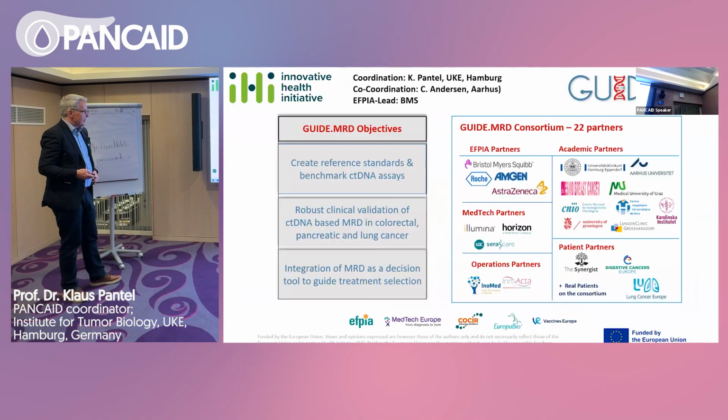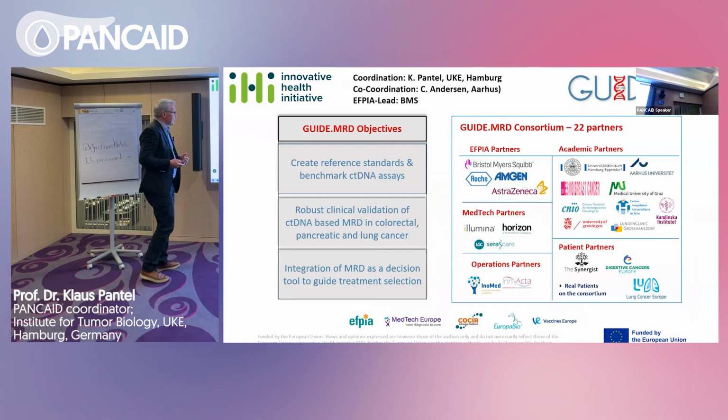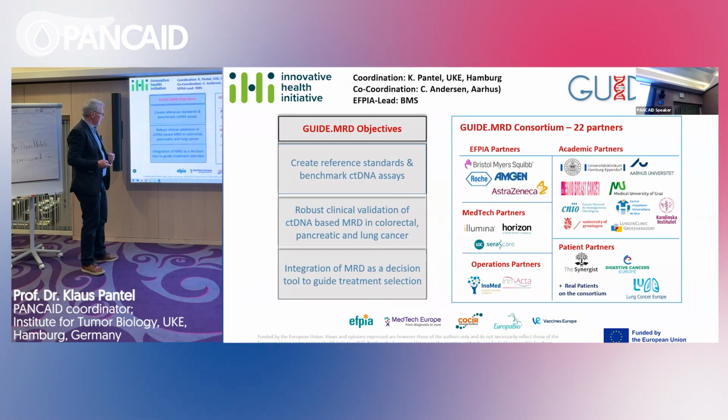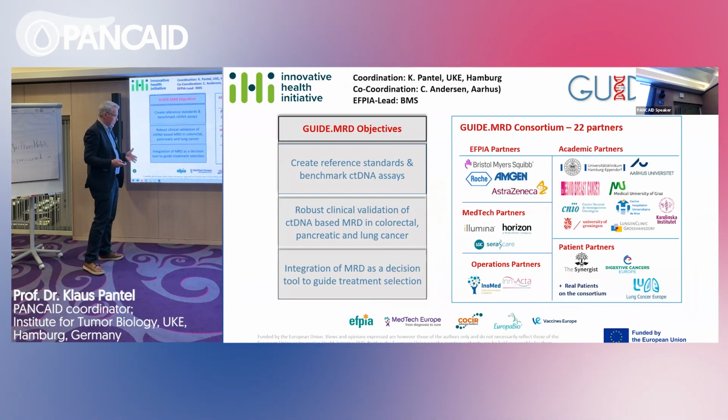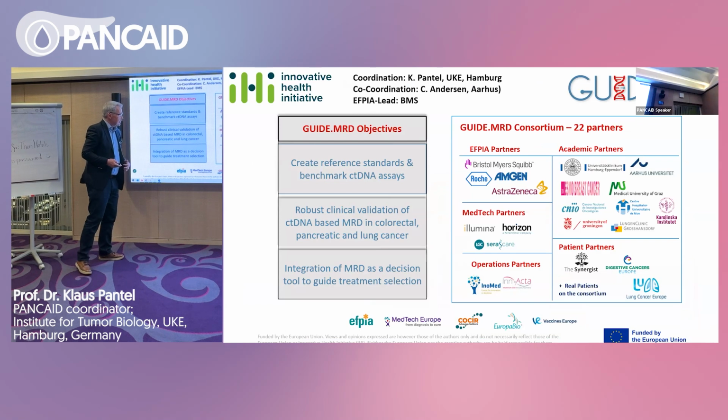I don't want to go into many details. We have another EU project on that, called GUIDE MRD, and several of you are also part of that. Here we create a reference standard and benchmark these ctDNA assays that are commercially available right now. We then do robust validation in colorectal, pancreatic, and lung cancer, and then we want to use that to guide treatment.